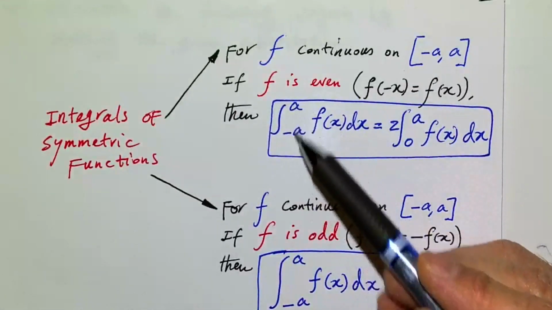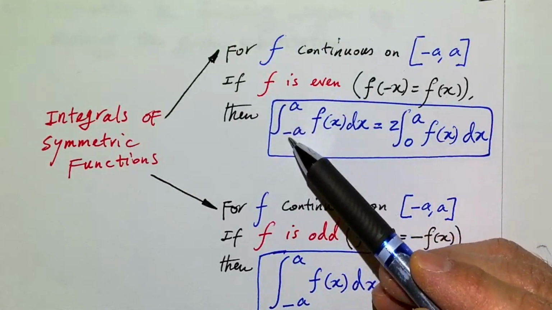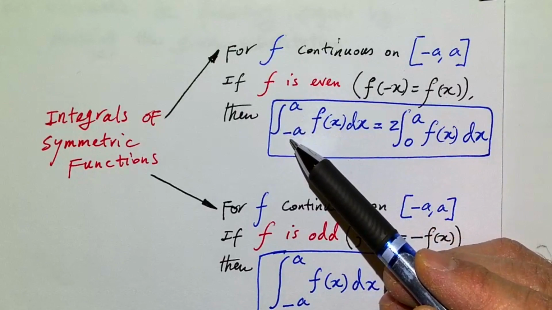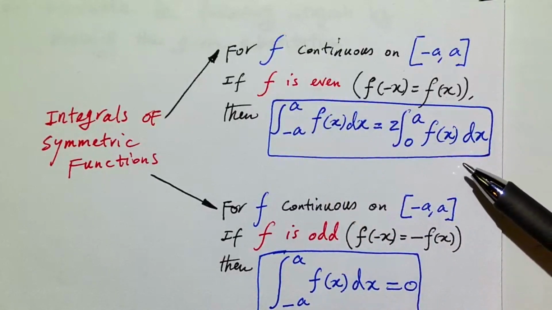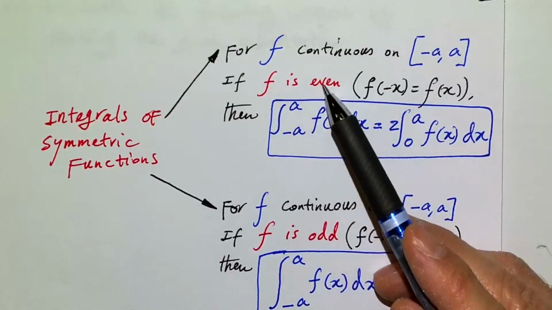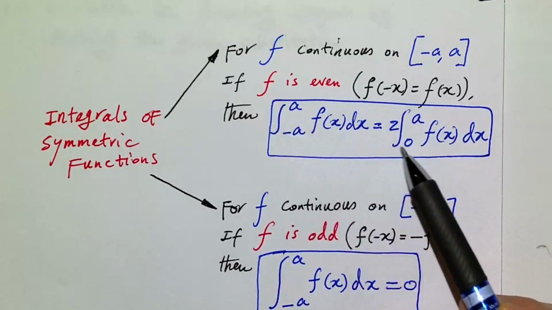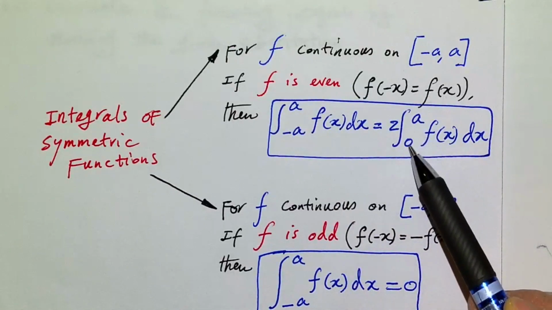Now, if we're integrating an even function like that from limits that are equal but opposite in sign, negative 2 to 2, negative 4 to 4, negative 5 to 5, something like that, and the function is even, then we can simply say, twice that, and change the limits to go from 0 to a.